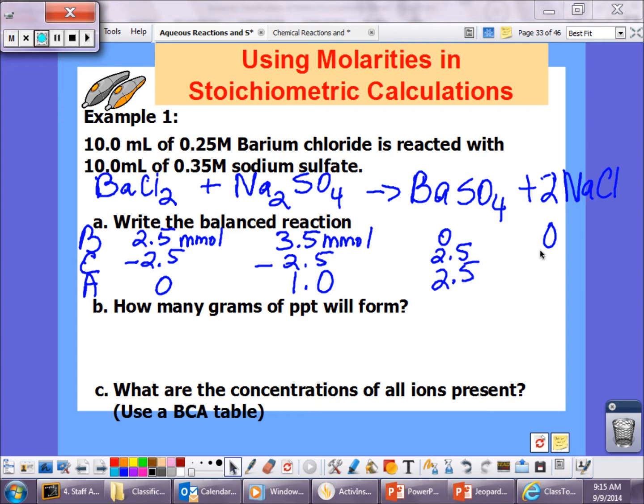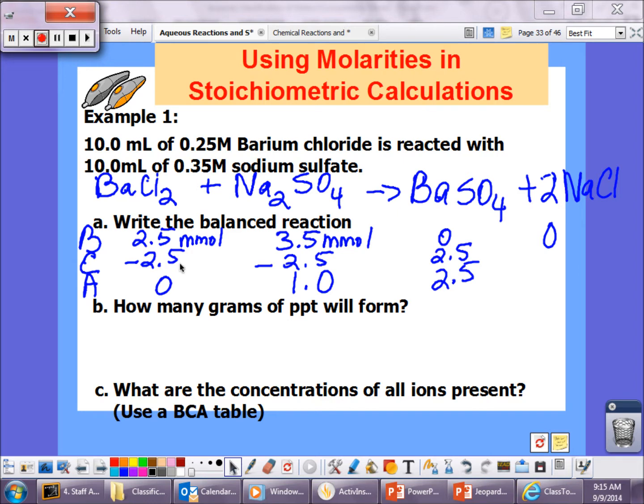So change, we will use 2.5 millimoles of barium chloride. Because it is a 1-to-1 ratio, we will also use 2.5 millimoles of sodium sulfate to produce 2.5 millimoles of barium sulfate and twice that amount of sodium chloride. But since they asked me for barium sulfate, I did not really write the sodium chloride. So you have to always make sure you check the mole to mole ratio.